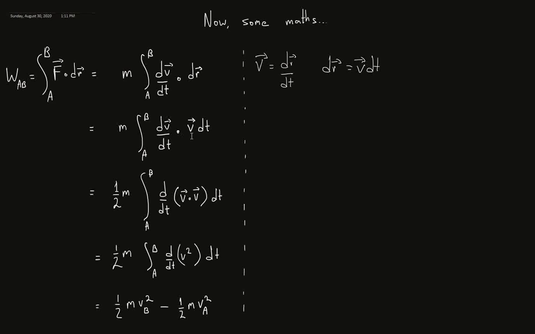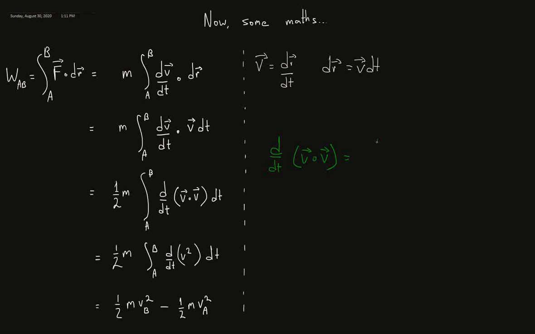Now this you can write as half of the differentiation of v dot v. Let's see how that works out, because d/dt of v dot v can be broken up using something called the Leibniz rule.